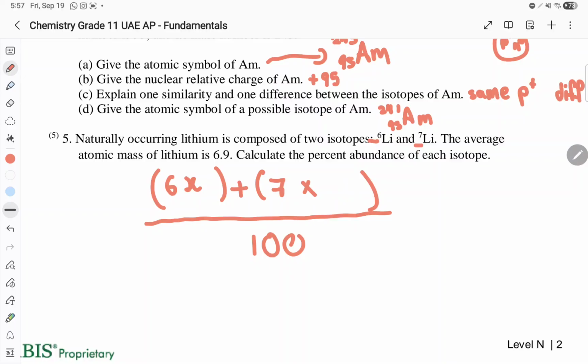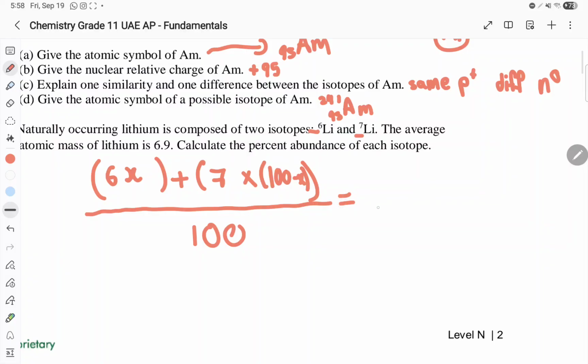What is x? X is out of 100, because the percentage is out of 100. So if one of them has x, the other one must have 100 minus x. Now all this is equal to 6.9.